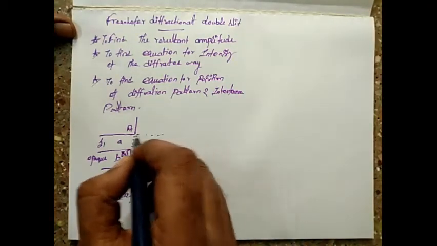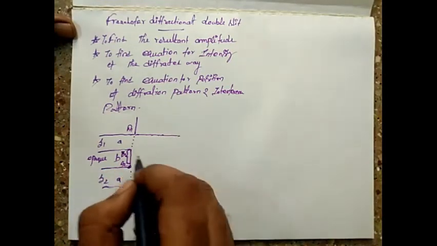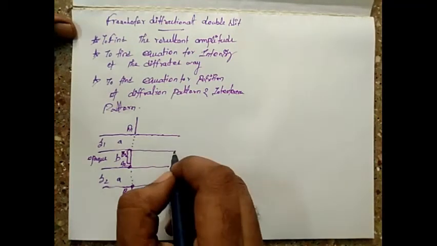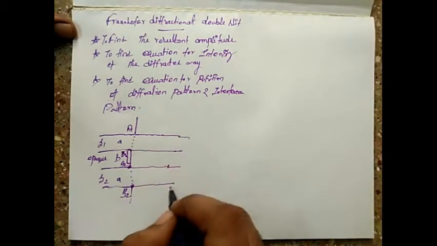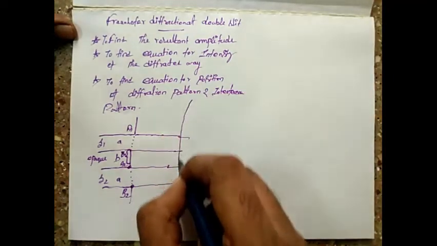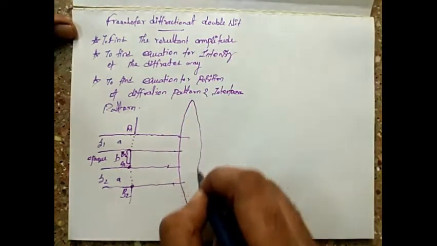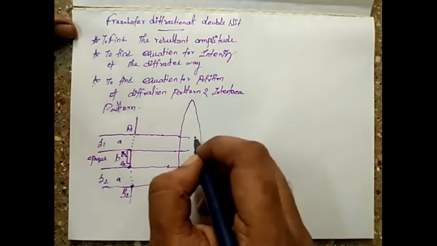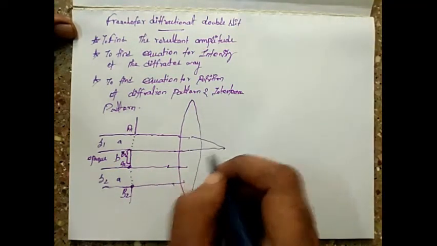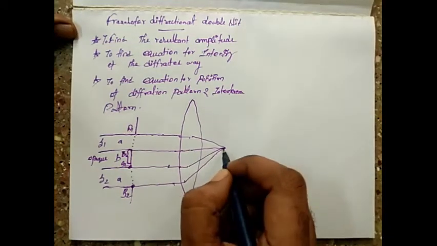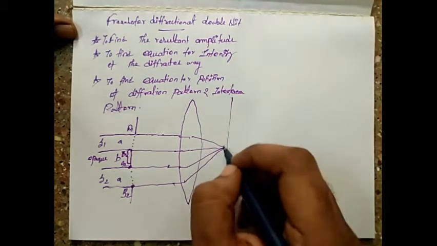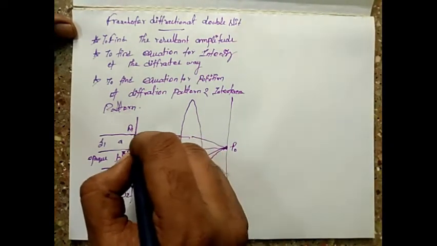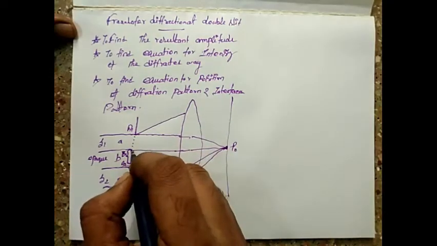The radiation traveling parallel to the incident ray is projected over the screen with the help of a lens, and it will create a central maxima, P0.